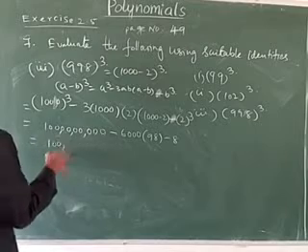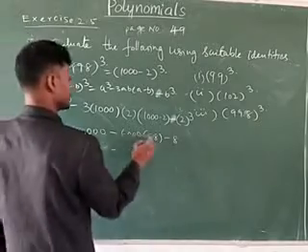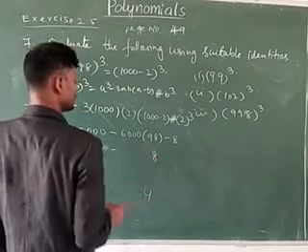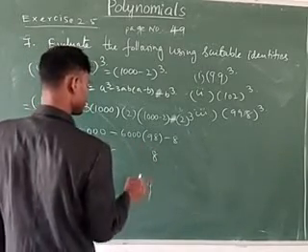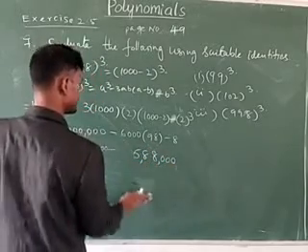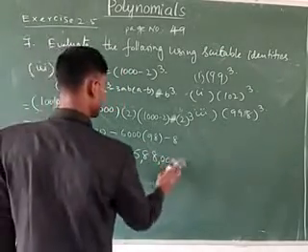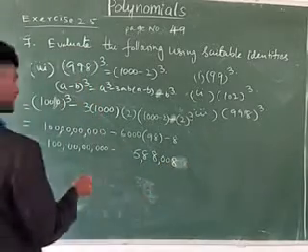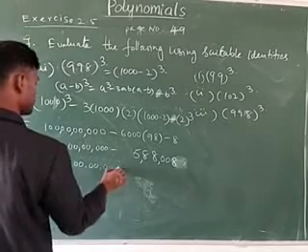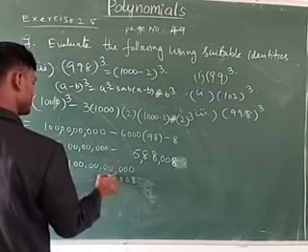Now 6 eights are 48, 6 eights are 48, 6 nines are 54, which gives 58,800. So 10,00,000 minus 58,800 minus 8. Then this 8 also you have to add here. Now you have to subtract here.